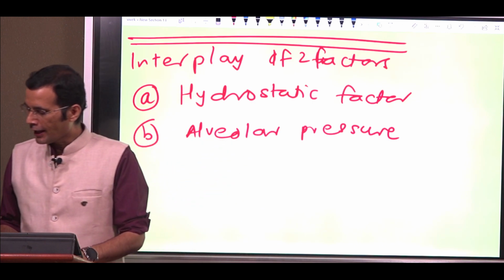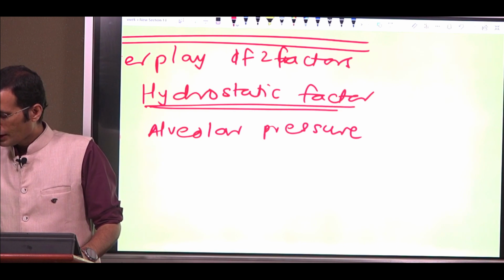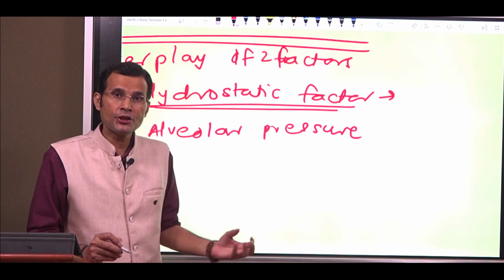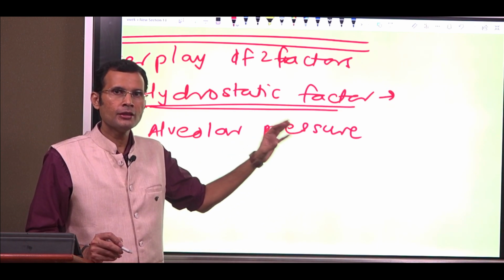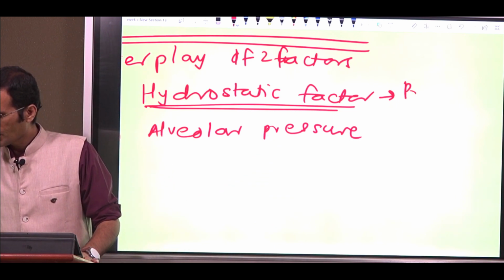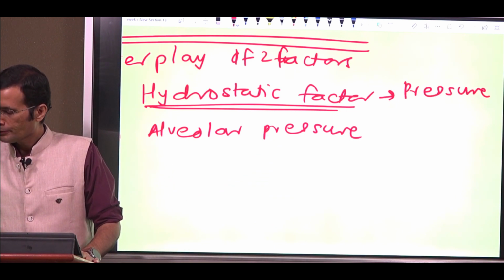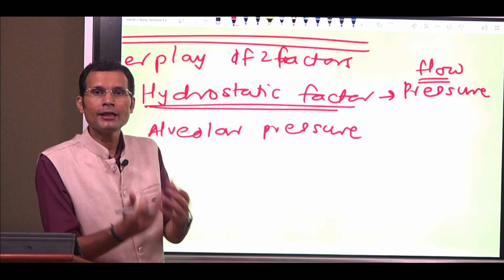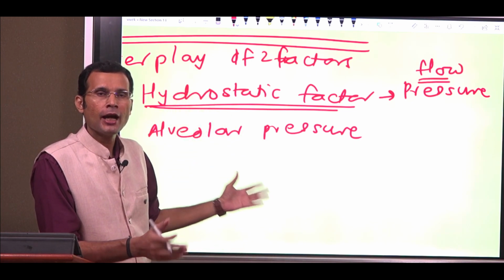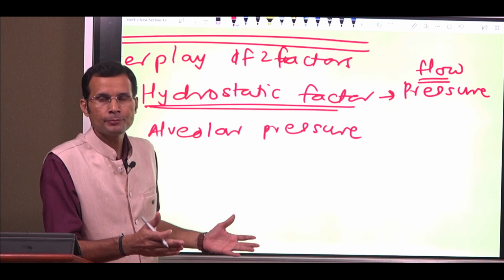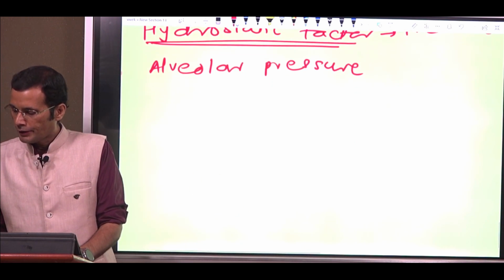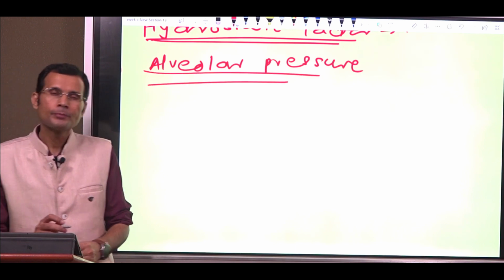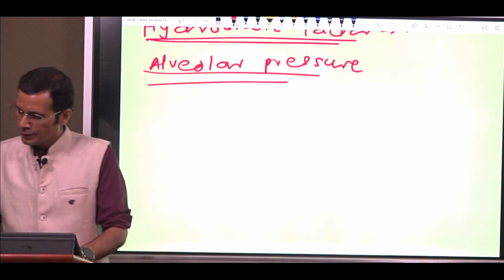First of all, when I say hydrostatic factor, I am referring to the pressure in the blood vessels in the lungs. So we are talking about the pressure or flow which is altered by gravity. And the alveolar pressure is the pressure inside the alveolus.